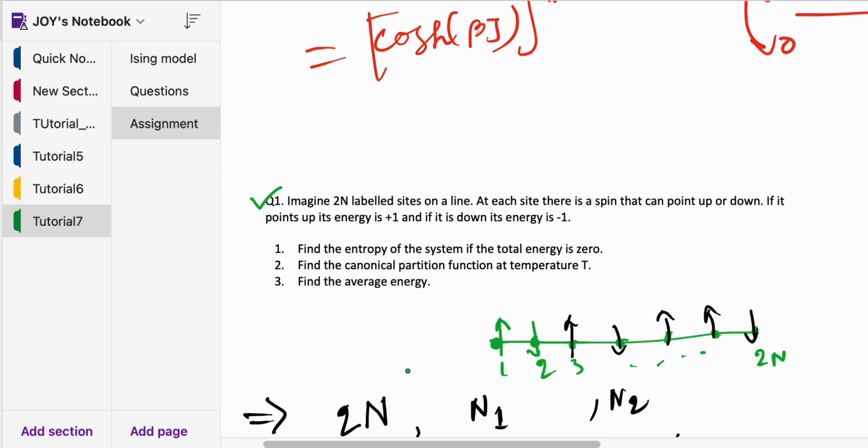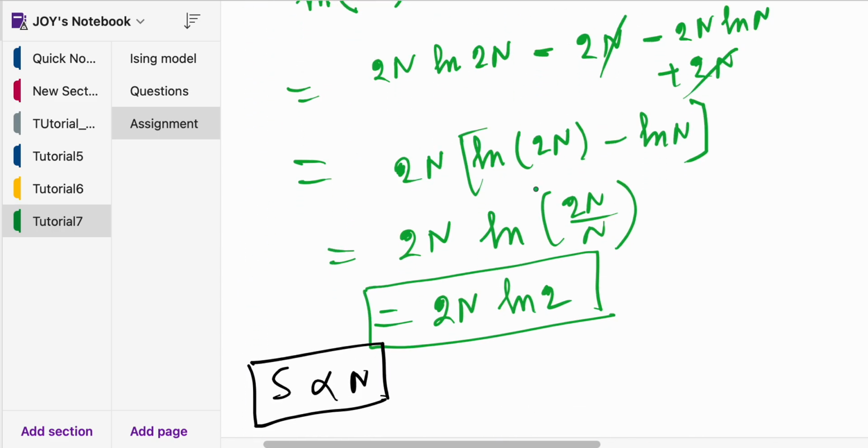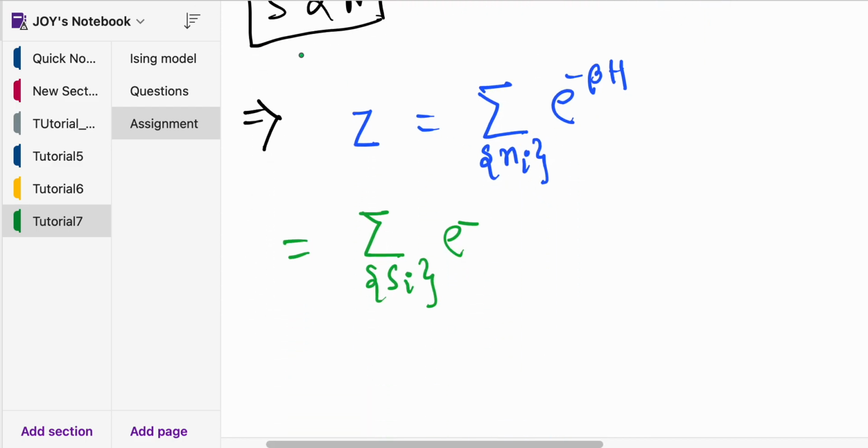Energy is the same. If the spin is up, then it is plus, and down is negative. That means if n particles are there, ni particles have energy sigma i.